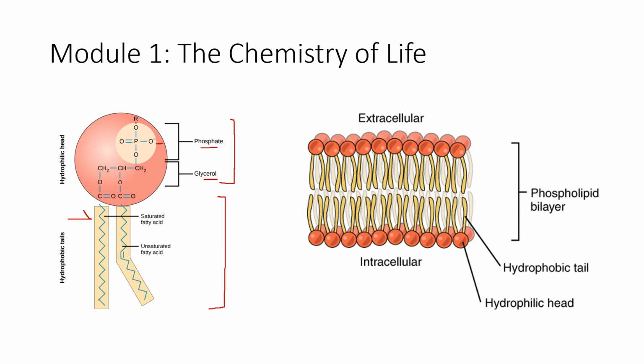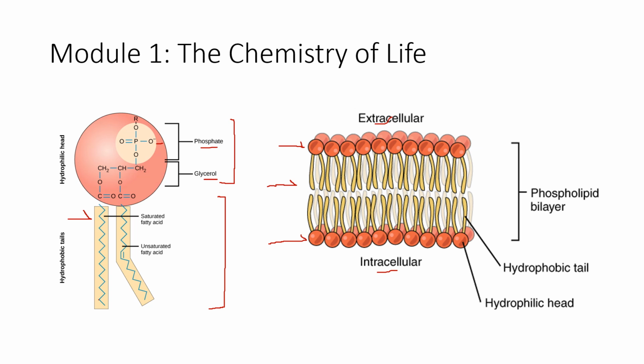So one of the things that these molecules do is the hydrophobic part, which is in the middle here, associate with one another, and then the hydrophilic part down here and up here are on the outside. And these words here, extracellular, this means outside the cell, this is inside the cell.